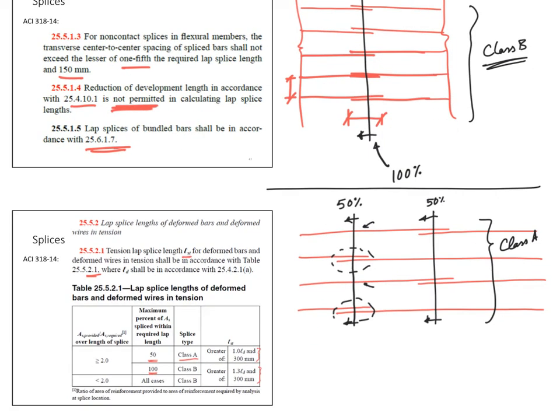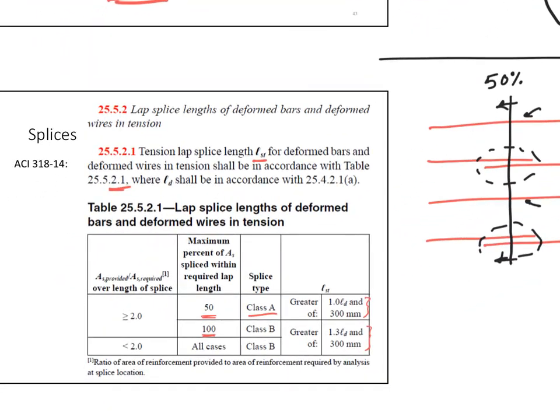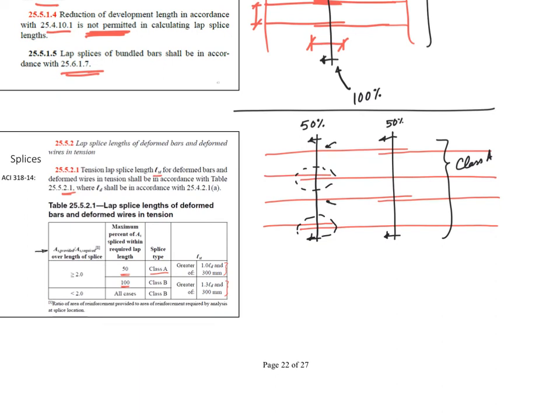Now another part that also dictates whether it's Class A or B is AS provided divided by AS required, if it is more than 2 or less than 2. Okay? So now at any section of the splice, I need to know how much demand do I have? What's MU compared to phi MN?